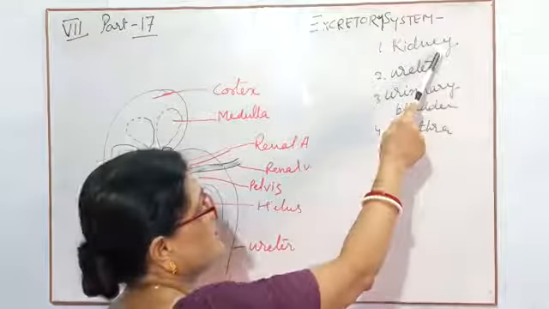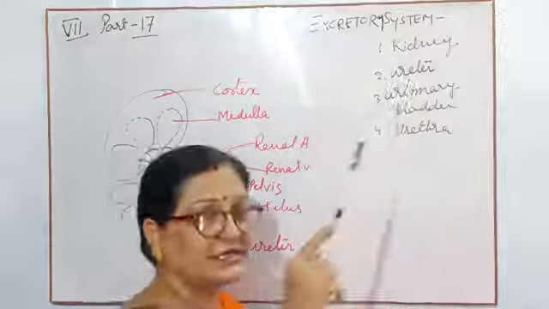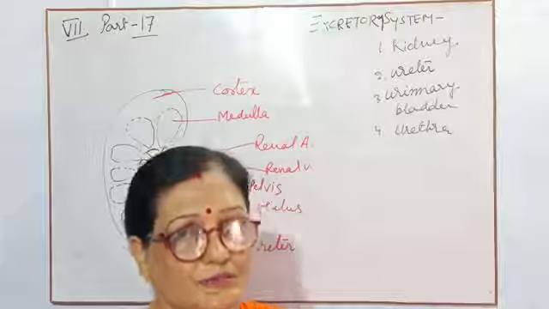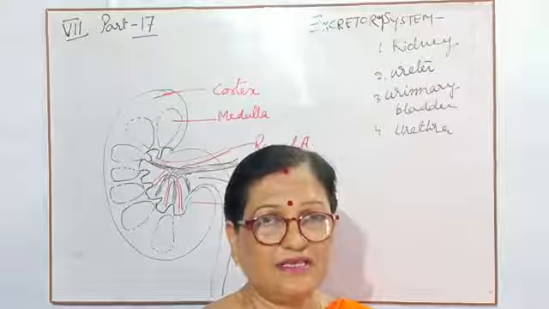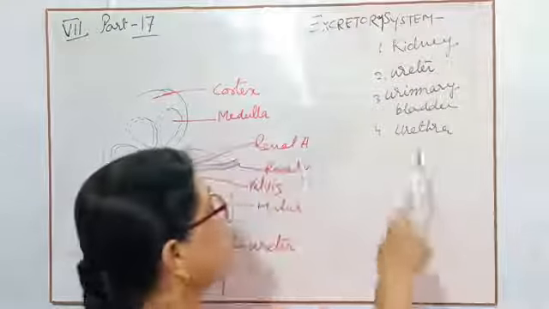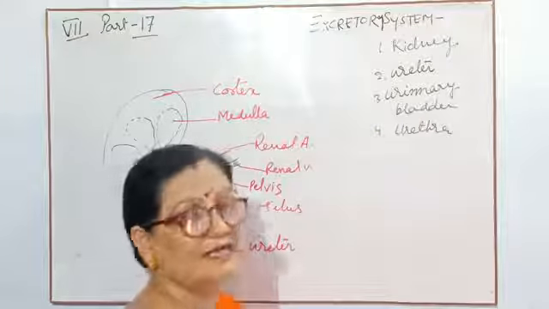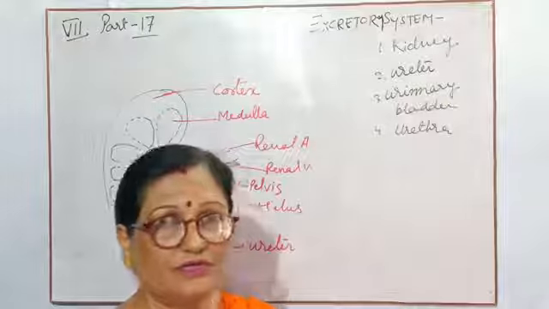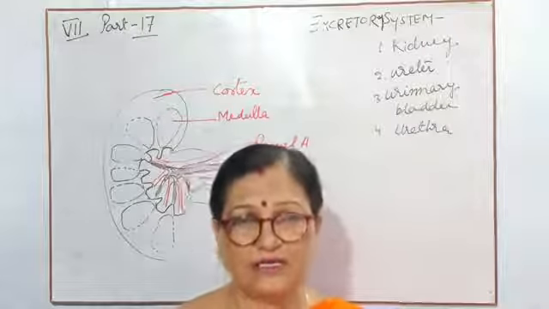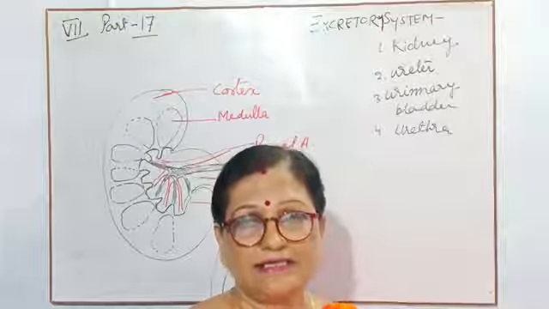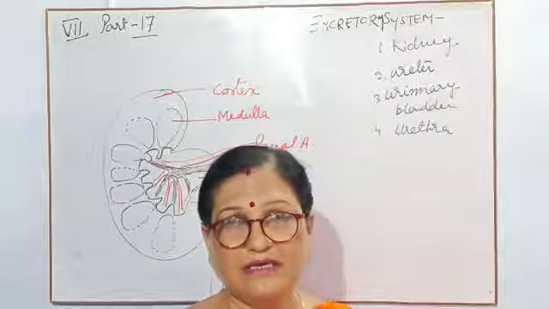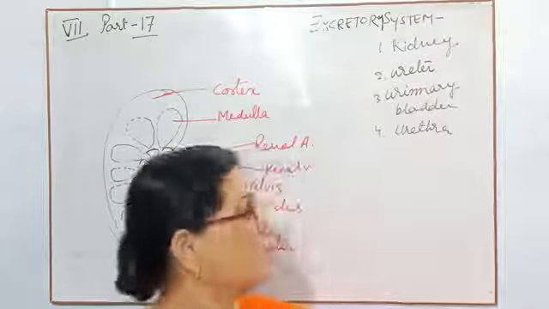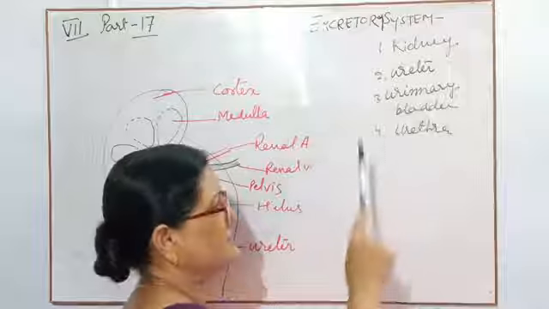Then from these kidneys, the tube or duct that emerges and carries the urine is called the ureter. It is a pipe-like ureter. Both the ureters carry the urine and it is collected in a pouch-like bladder, called the urinary bladder.